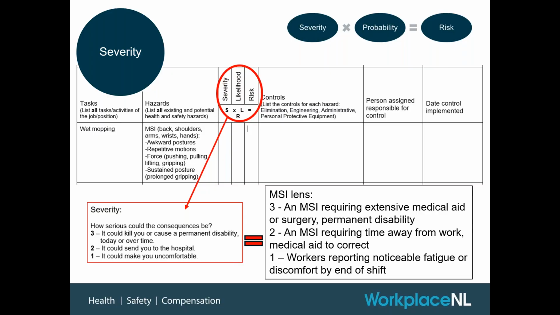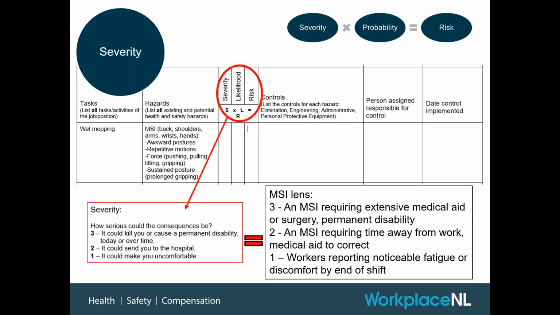So maybe it may help if you can look at it this way, just looking at the bottom right-hand side. Number 1, workers are reporting noticeable fatigue or discomfort by the end of their shift. So if you talk to a worker or your worker is expressing these things to you, then you may rank that as a 1 for severity.